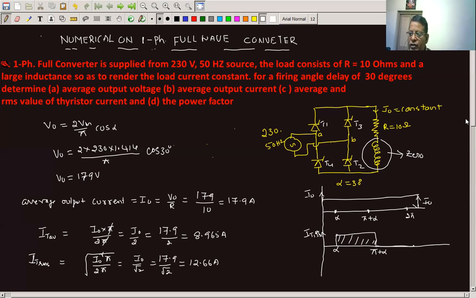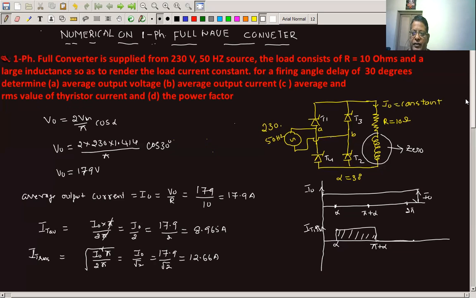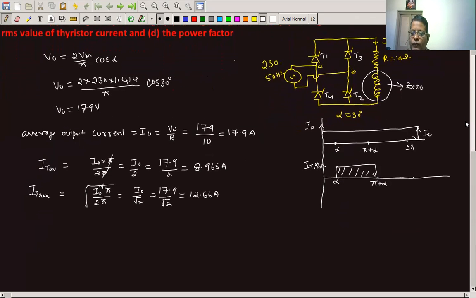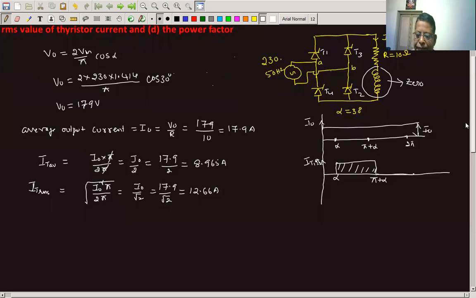Now next we have to find out the power factor. To find the power factor, we should find out the input power. Input power is equal to Vs into Is, where Vs is the RMS input voltage and Is is the RMS source current.